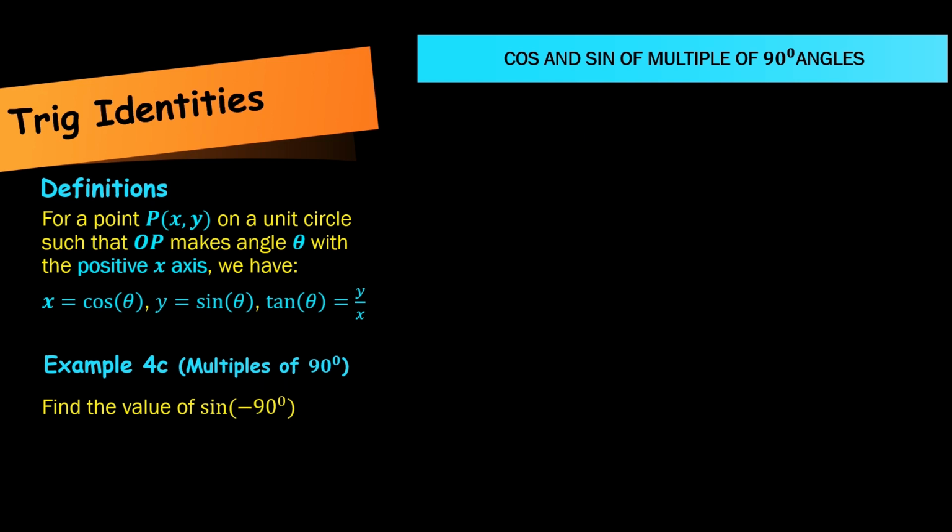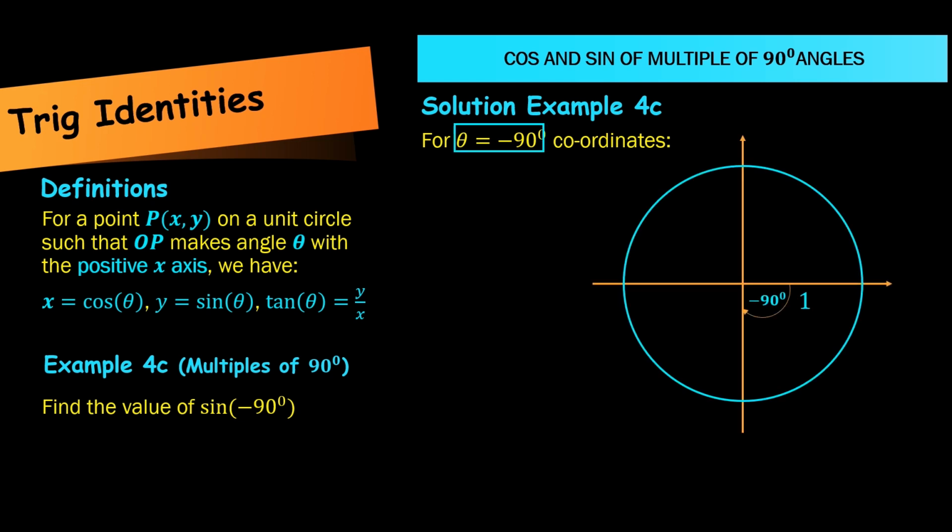What about sine -90 degrees? For theta equal to -90 degrees, we have these coordinates. We're going clockwise this time as we're considering a negative angle. And so -90 degrees is actually equivalent to 270 degrees.